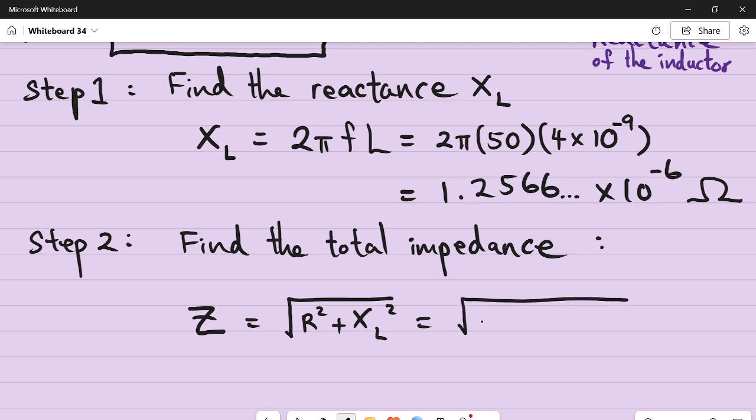So it's the square root of 100 squared plus 12566 times 10 to the power of minus 6 squared. Here we go. I square that first, then add the 100 squared. Oh, very nice number. 100. That's what I like. 1.3.